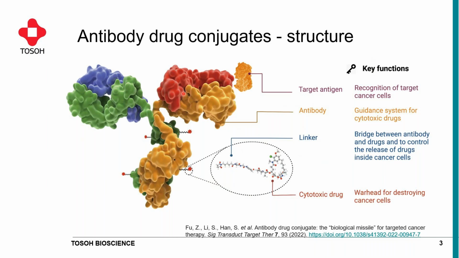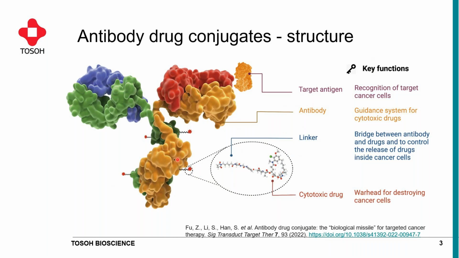May it be a tumor cell, for instance. So we have this protein structure which specifically binds to our tumor cell, and this one is linked to a cytotoxic drug. The cytotoxic drug can then act in the cell where it's specifically targeted to induce cell death in this specific cell.